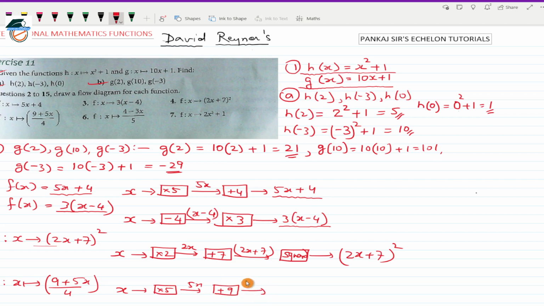So you get 5x plus 9. And in the last part, it gets divided by 4. So you get 5x plus 9 divided by 4, or rather 9 plus 5x divided by 4. Okay, one and the same thing. Is that okay? So that was question number 5.